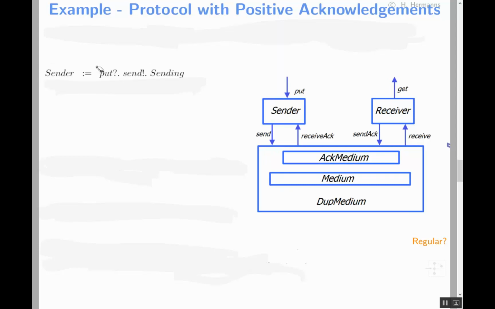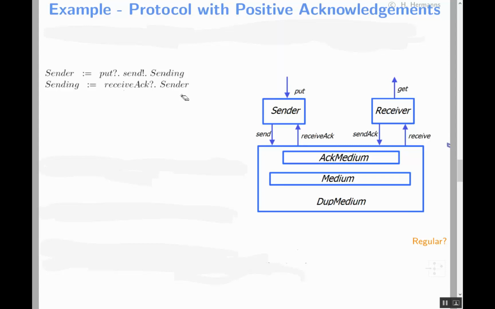If it receives a put from the outside, it says send to something, right? And then it waits for an acknowledgement to travel back to the sender. And if that has happened, it can accept the next put, right?